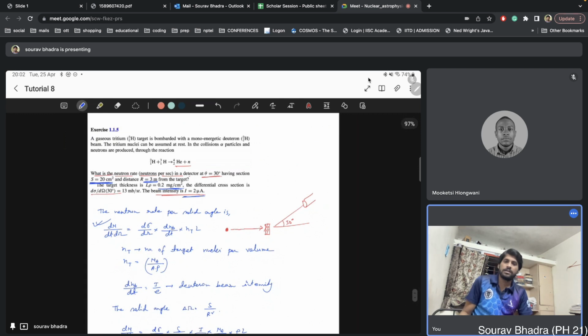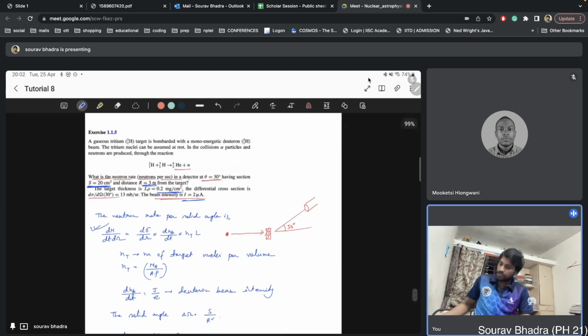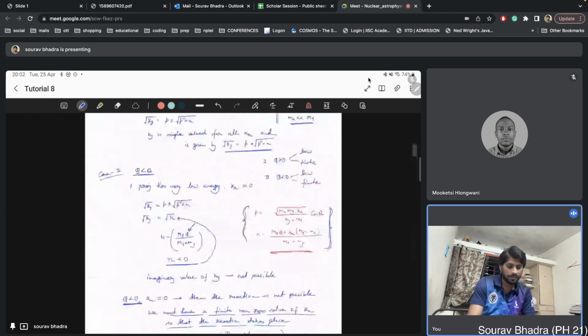This problem has also been taken from that particular book which I showed you, and you can find it in the drive which will be shared, and it is a popular book, you can download it yourself also. So these were all the materials which I wanted to cover. I have done some extra problems associated with the kinematics of nuclear reactions.